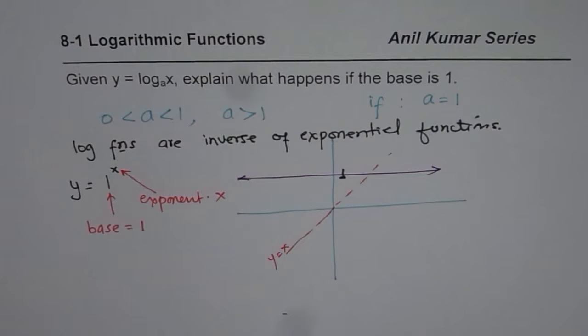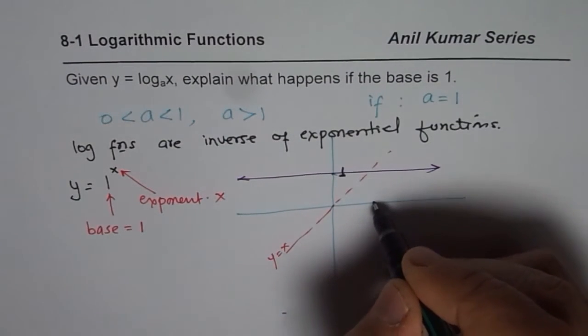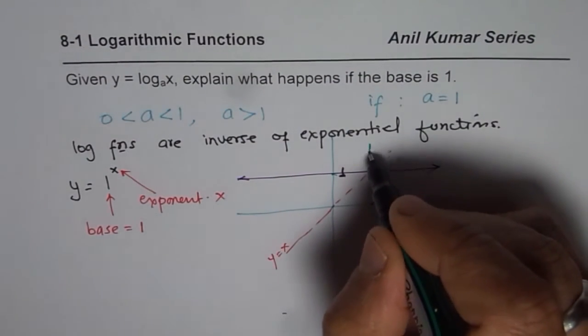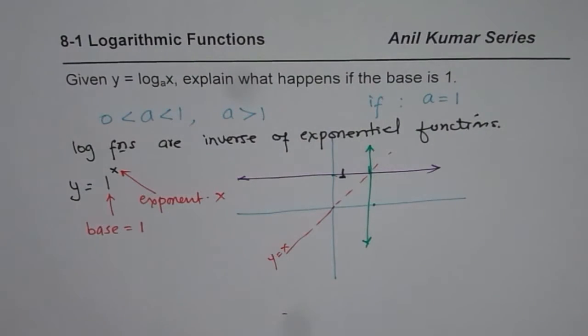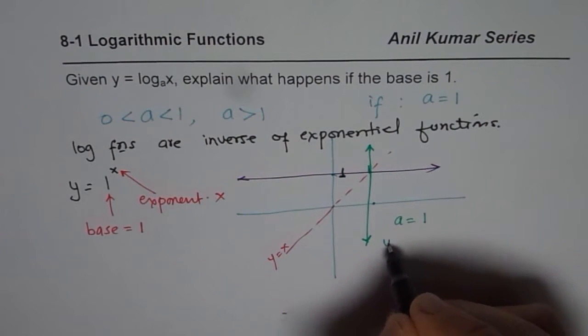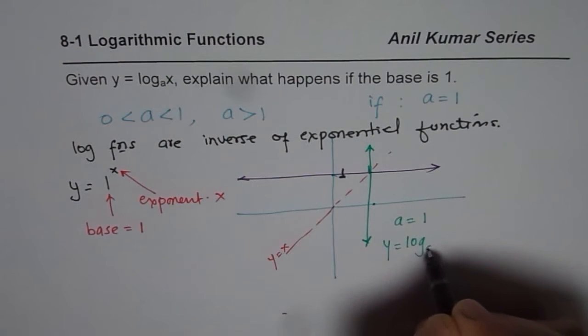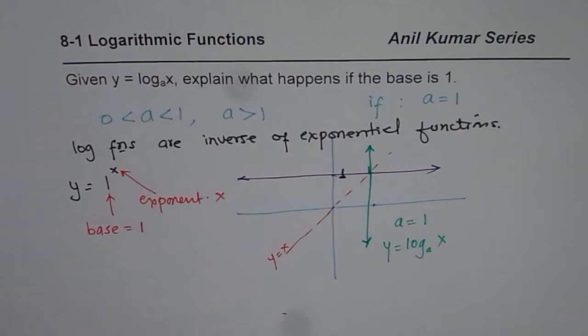If you reflect this, what you really get is a vertical line. So when a equals 1, log base a of x, where a is 1, is going to be a vertical line, right? It is not that the function is not defined, but it's a vertical line.